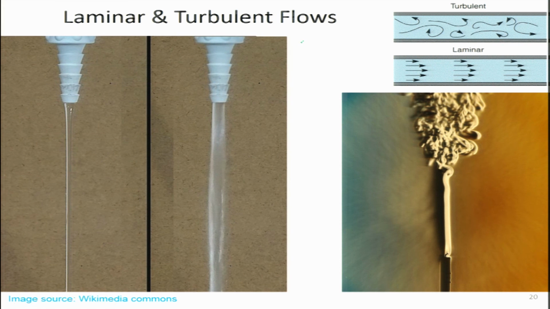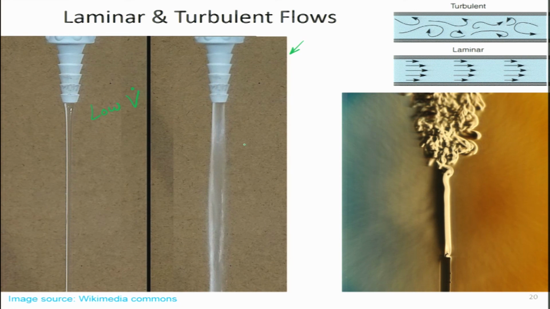Let us focus first on this image on the left hand side. This shows what we observe almost every day. We want to take a bath in the bathroom, and we open the tap or the faucet. If the volumetric flow rate V dot is very low, like it is shown here, the flow coming out is very smooth, not perturbed, with no eddies or very low turbulence.